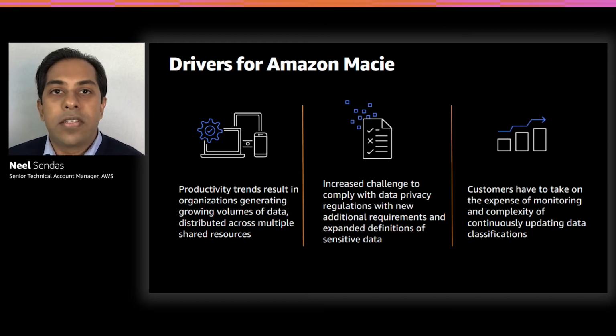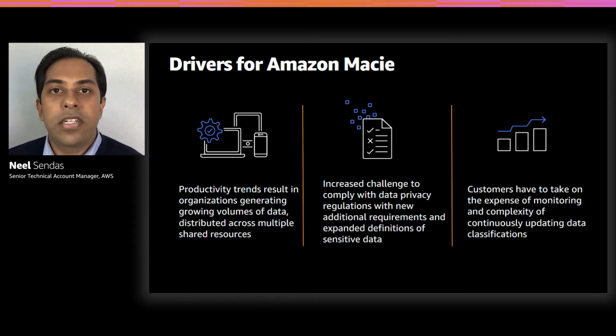Before I get started, here are some of the capabilities of Amazon Macie. Let's talk about what are the key drivers behind the service's popularity. Now, one of the key drivers is productivity.